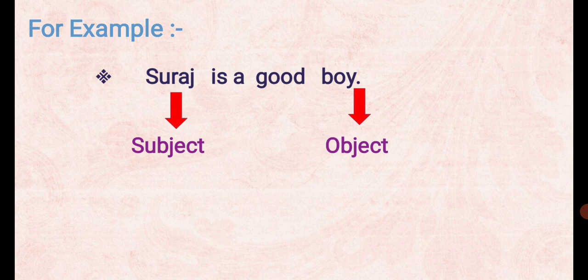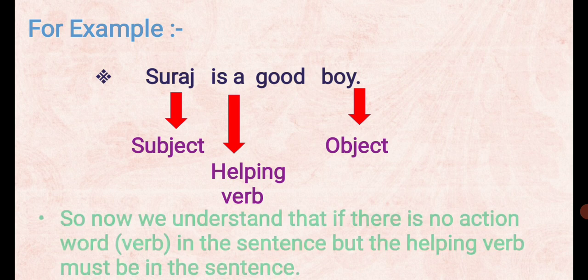In the place of the action word, there is a helping verb. And what is the helping verb of the sentence? Is. So this is the way: if there are no action words in the sentence, the helping verbs replace the action verbs.